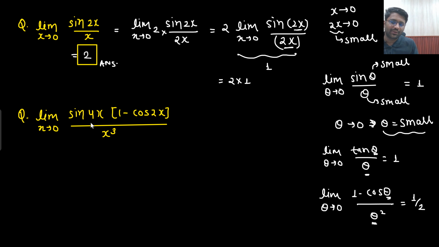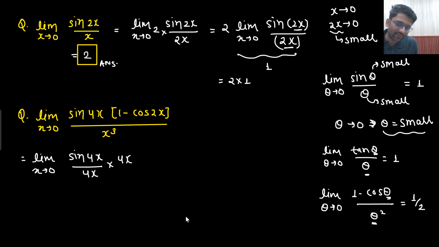So now x is tending to 0, so all these angles are small. There is no doubt about it. But I need to make sure that whatever comes downward should have the same angle. What I mean to say is that I will do this calculation in this manner: sin 4x, downward what do you need? You need 4x, then I can equate it to 1. If I am dividing by 4x, I will have to multiply with 4x as well.